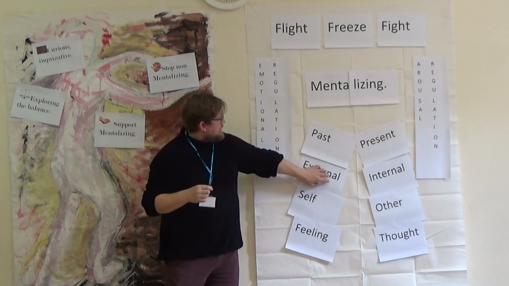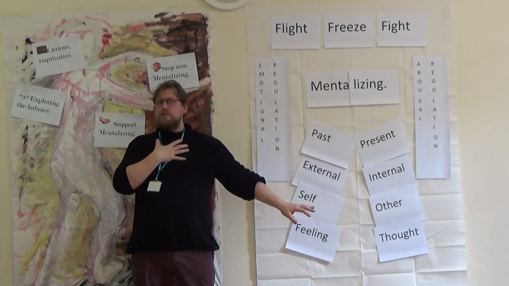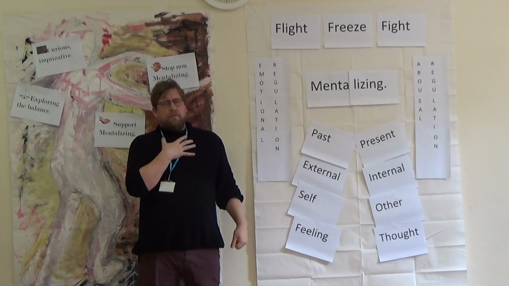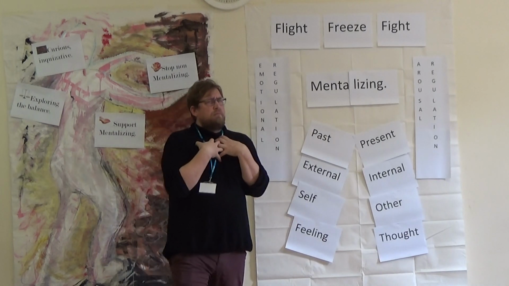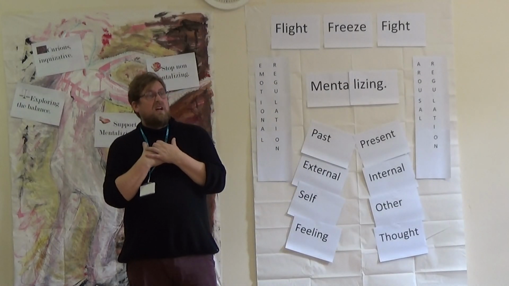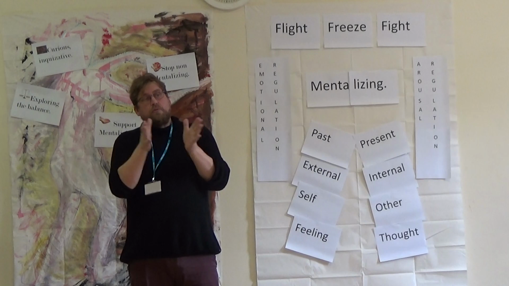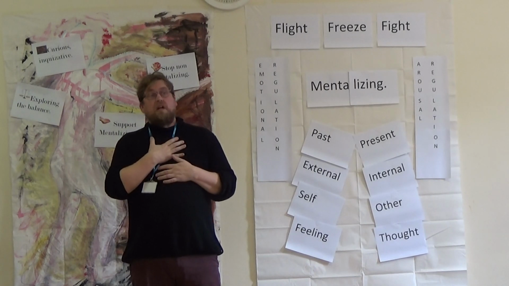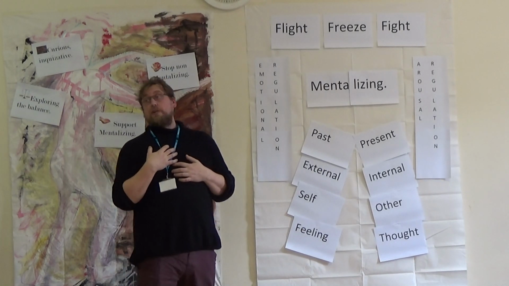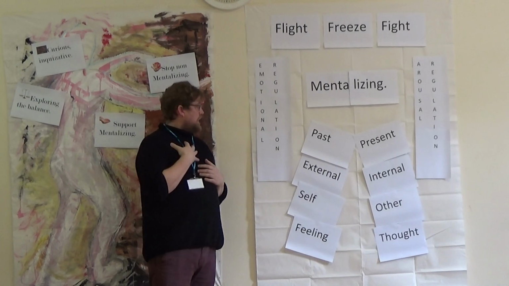So yeah, external, internal, which, some people have a language for internal processes, other people don't, and it can be enough really just to try to broaden a bit of vocabulary about what goes on inside, thoughts and feelings.